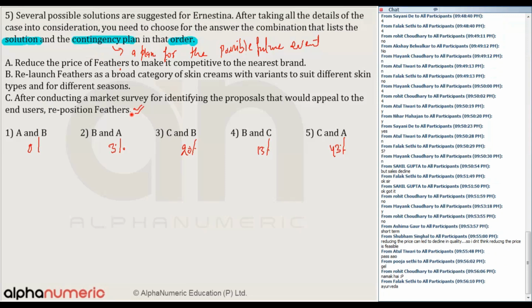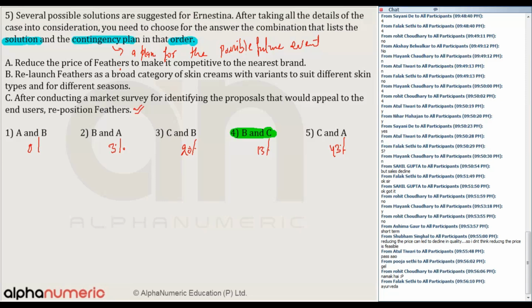So the correct answer should be option number 4, B and C. C should be the contingency plan and B should be the solution, which can be done. Just by reducing the price, we can't say anything, because the quality might deteriorate. So it's better to go for this and relaunch.